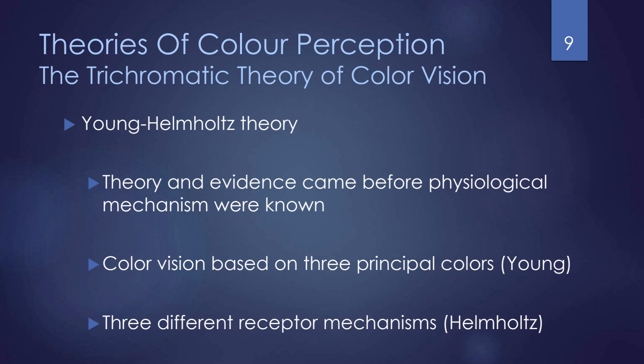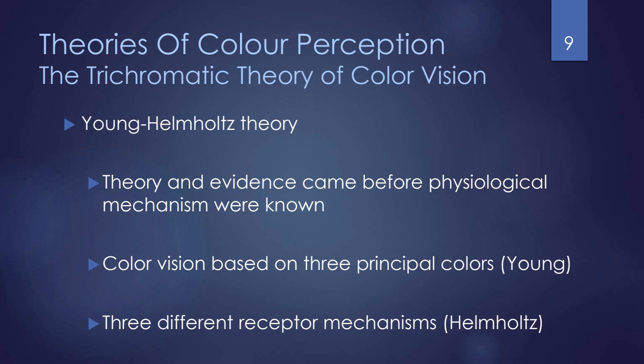Helmholtz also proposed that the strength of the signals detected by the receptor cells determined how the brain interpreted color in the environment. He discovered that people with normal color vision needed 3 wavelengths of light to create different colors, and he did this through a series of experiments.